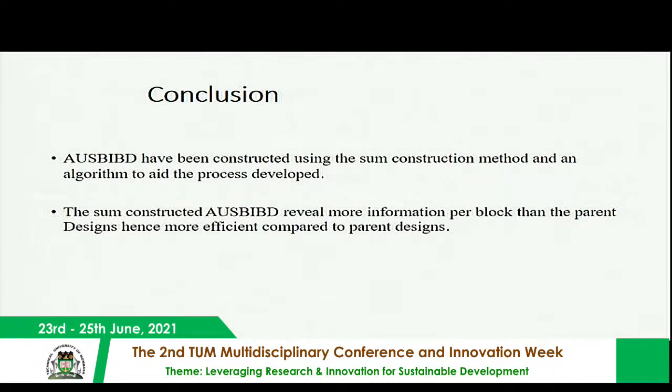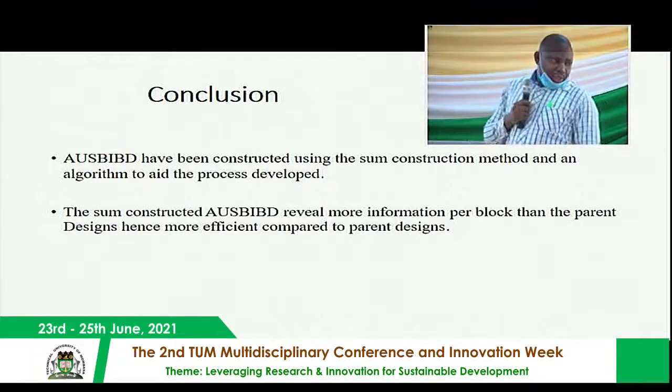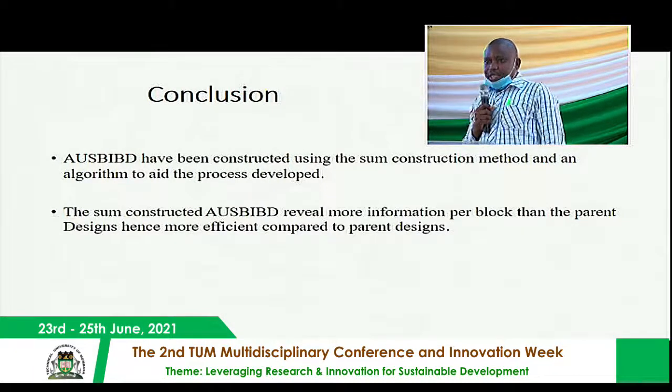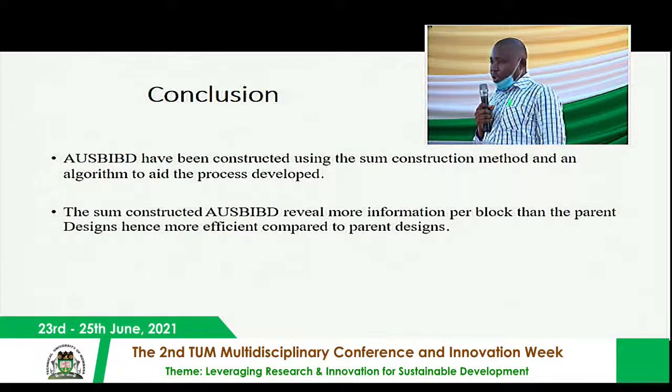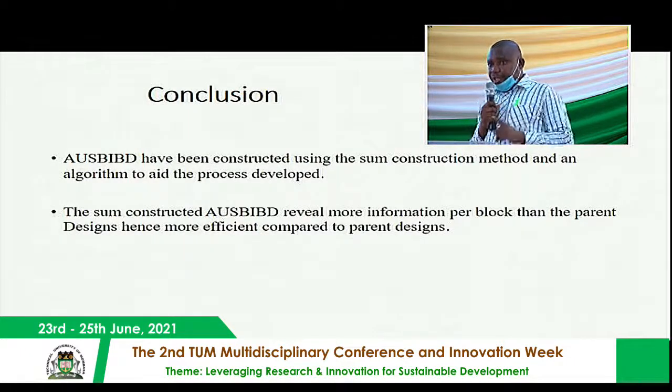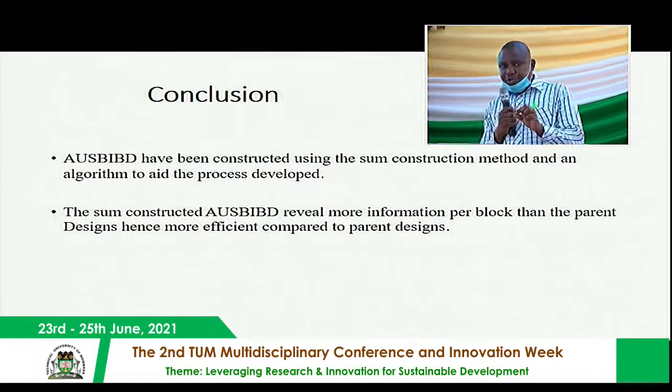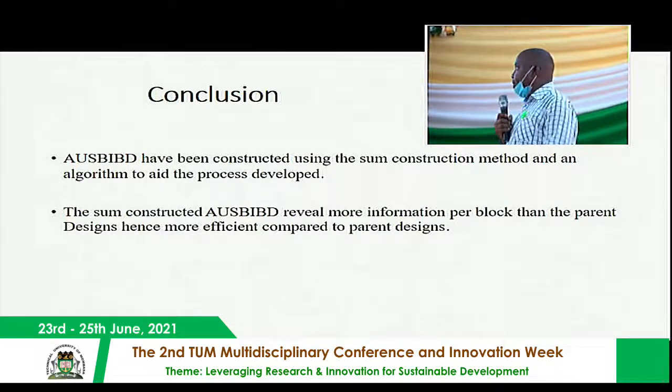Now, in conclusion, it is possible to construct automorphic, symmetric, balanced, incomplete block designs using the sum construction method. And finally, the sum constructed designs are better in terms of revealing information per block for those designs.